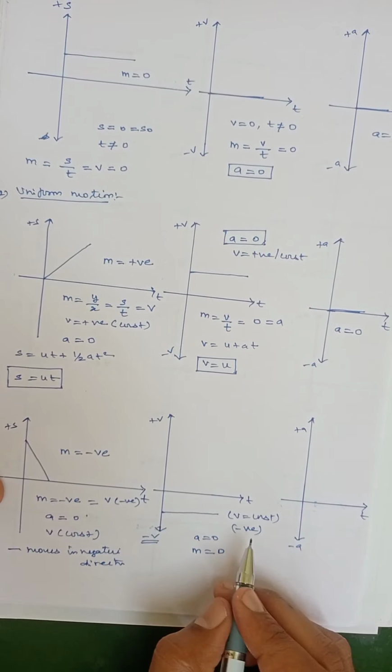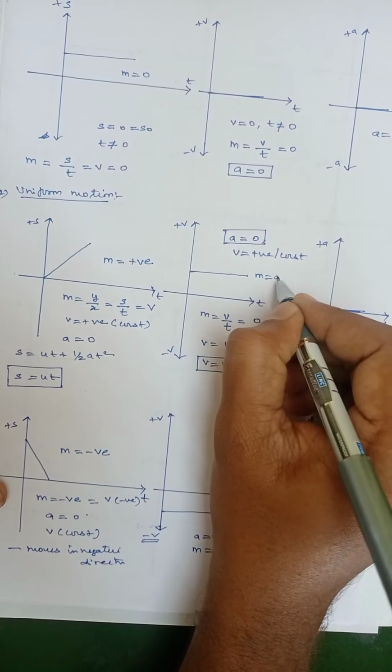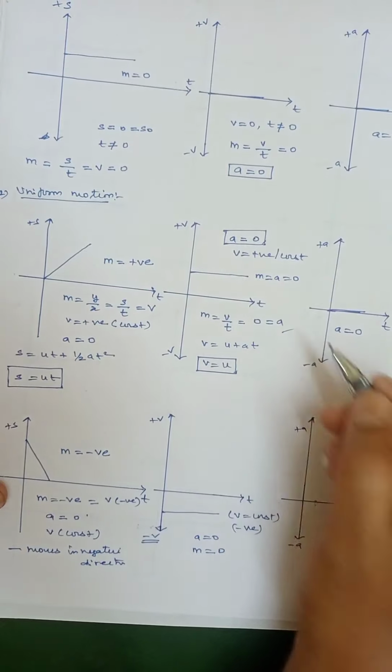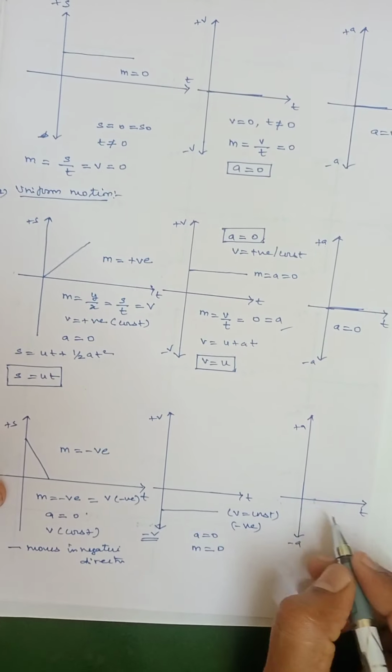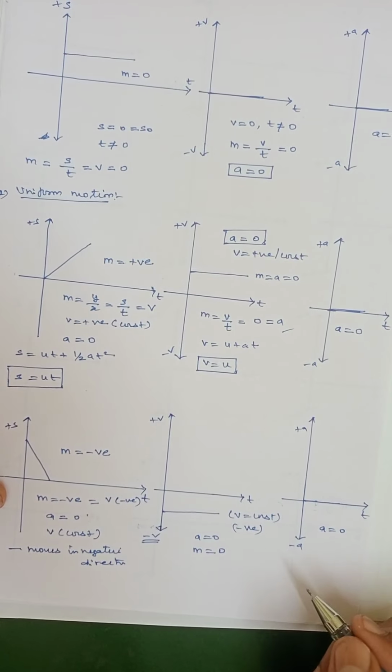This equation explains this. Here also m or a equal to 0. Okay. Next, for acceleration, this also where a equal to 0, simply a equal to 0.